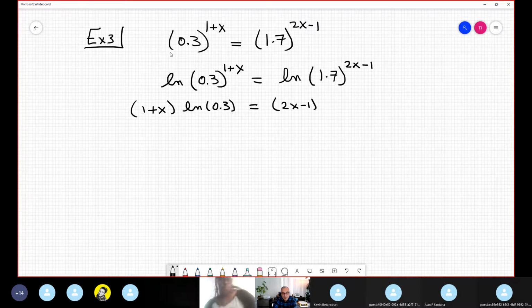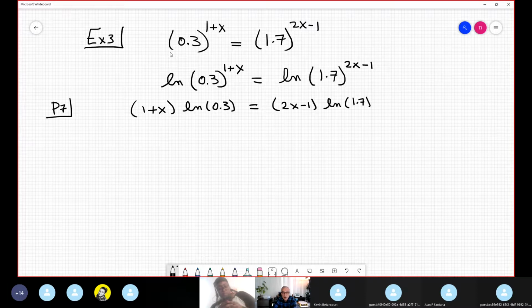I put the parentheses intentionally, right? Because this is a number. So the logarithm of 0.3, the logarithm of 1.7, is just a numerical value, no? And this multiplies everything inside the algebraic expression to go to the front. Okay, this is the application of property 7 of the logarithm.